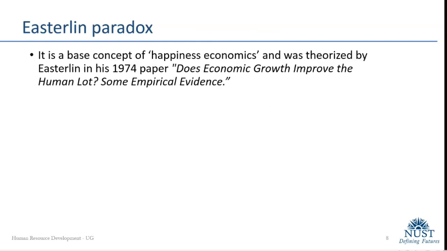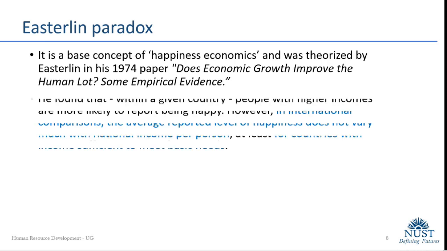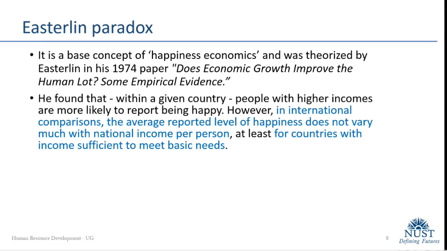The Easterlin paradox is a concept of happiness economics, theorized by Easterlin in his paper in 1974. The title is mentioned here. If you are interested, you can look into that. He found that within a given country, people with higher incomes are more likely to report being happy.